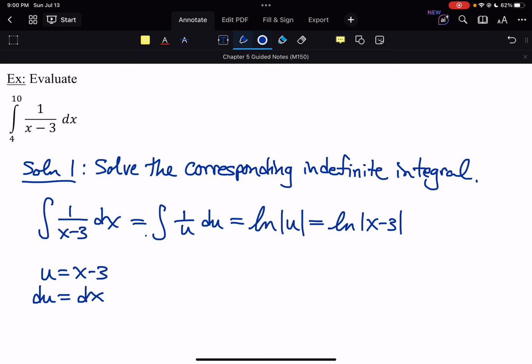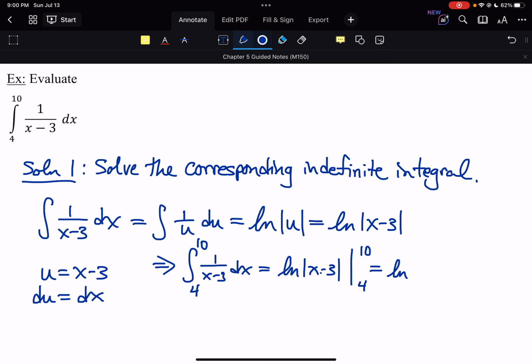So we got the antiderivative formula here. So that's going to allow us to then set up the formula we just got, evaluated from 4 to 10.